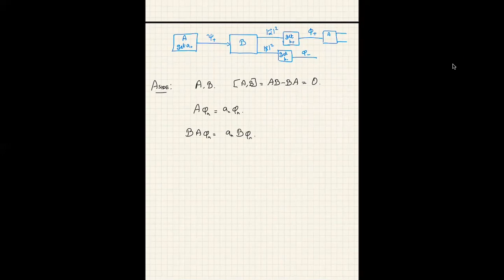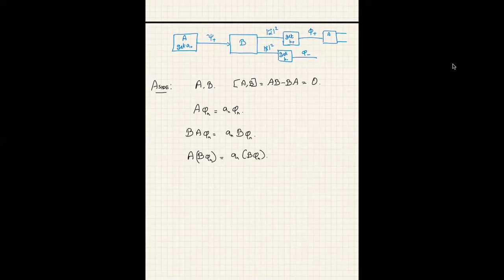Now, since A and B commute, on the left-hand side it really doesn't matter if I write BA or AB. They are both the exact same thing, right? So I can switch the order on the left-hand side and write this as A acting on B times phi n equals an times B times phi n. Now, what is this equation?